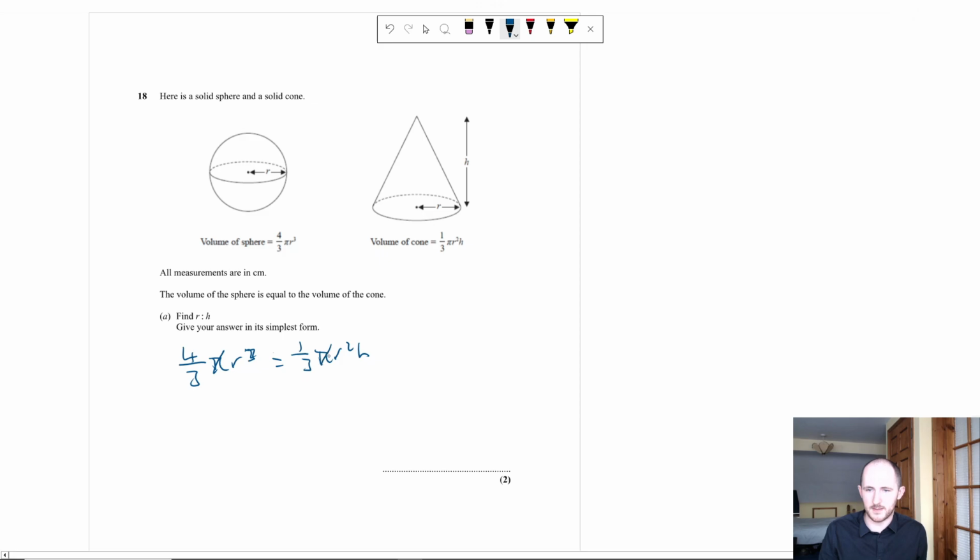Cancel out the pi's from both sides. Cancel out the over 3's. Cancel out r squared. And you're left with 4r equals h. So in other words, r to h is just 4 to 1. Nice and easy.